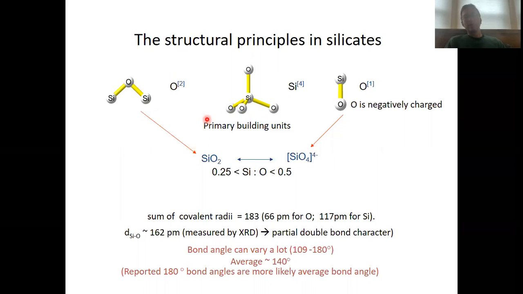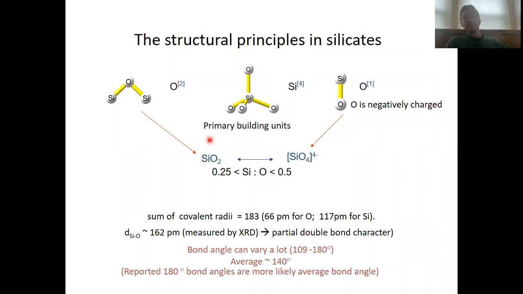Nearly all silicates are made of SiO4 tetrahedra as primary building units, whereby the oxygens can either be bridging, bound to two silicons, or they can be terminal, being bound only to one silicon. For the terminal oxygen, we have a negative charge at the oxygen atom, and that negative charge then needs to be charge compensated by a cation in the silicate.